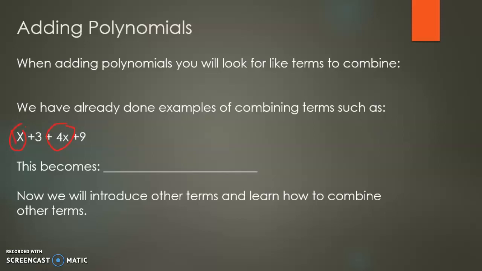It's an implied 1x. And then you will underline the positive 3 and the positive 9. Those are the ones we are going to combine. So when you have 1x and 4x, you get 5x, and plus 3 and plus 9 is plus 12.